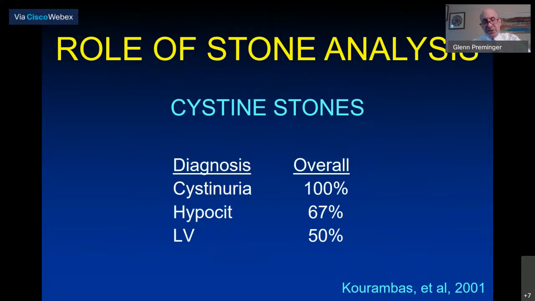In patients with cystine stones, no surprise that 100% of these patients had cystinuria, but also note that two-thirds of the patients with cystine stones also had hypocitraturia, and half of these individuals had low urine volumes.